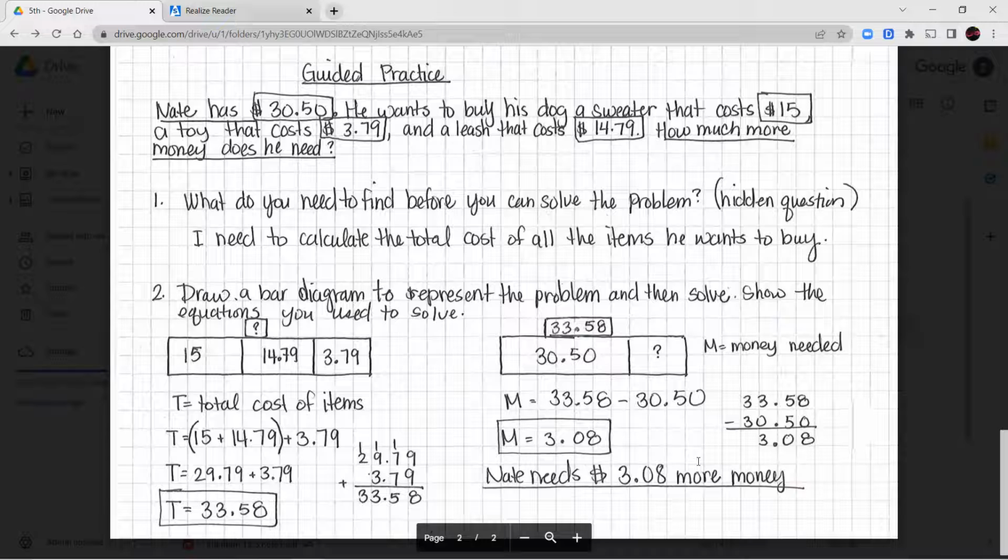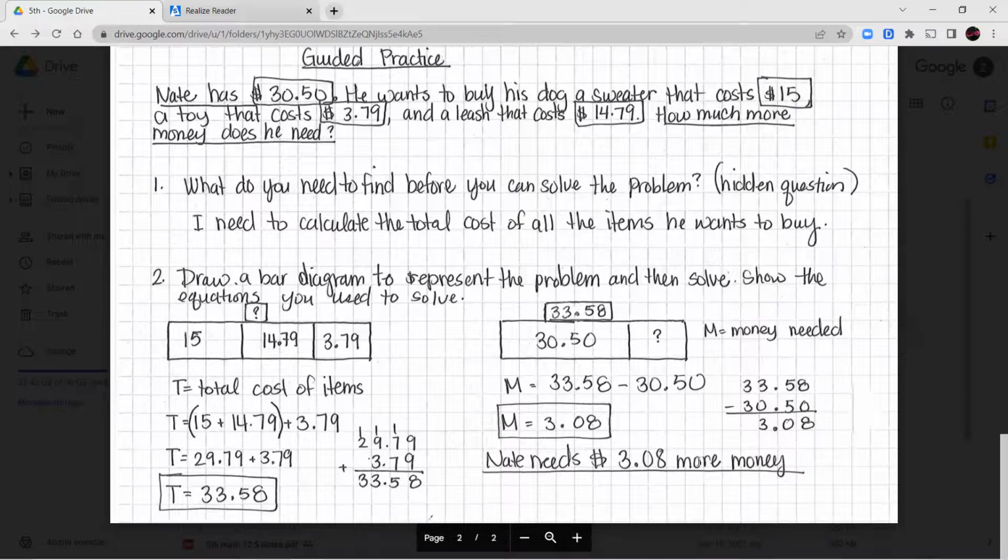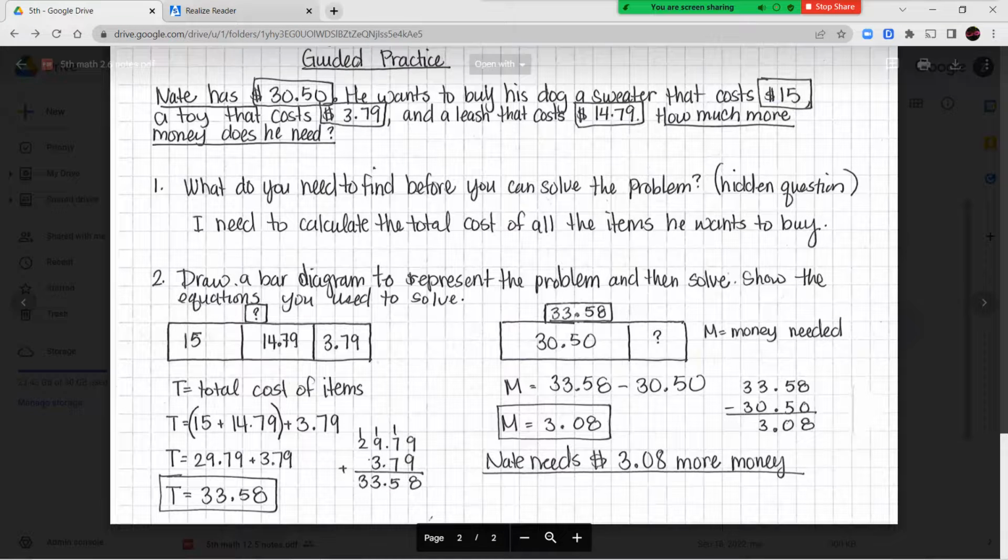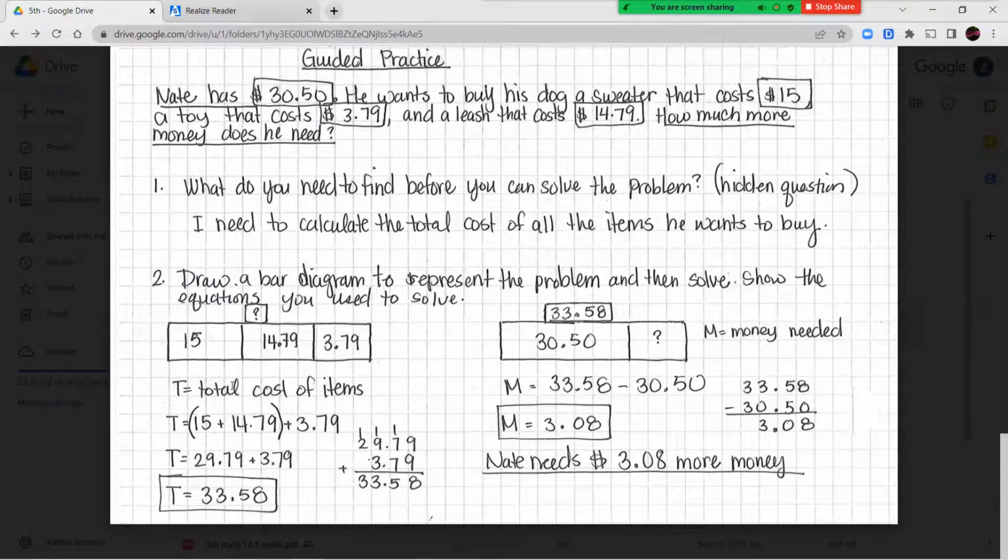So the first question asks, what do you need to find before you can solve the problem? So what are the hidden questions? Now I know I need to calculate the total cost of all the items he wants to buy. So for number 2, it says draw a bar diagram to represent the problem and then solve. Show the equations that you use to solve. So for the first one, I wanted to find T, the total cost of the items that he wanted to buy.